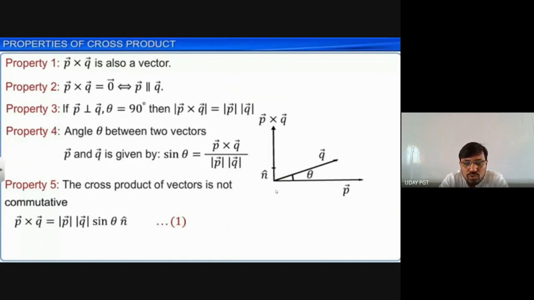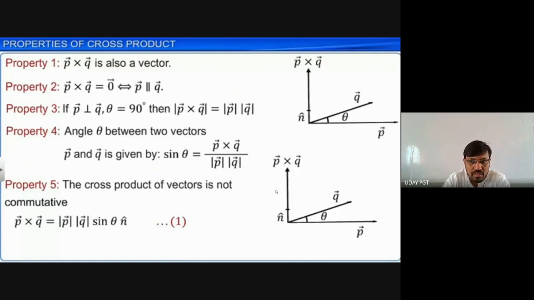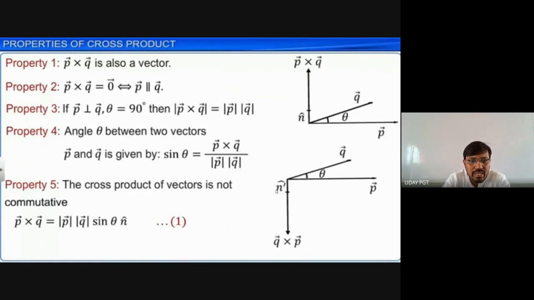P cross Q will not be equal to Q cross P. P cross Q is nothing but PQ sine theta times a unit vector along that.